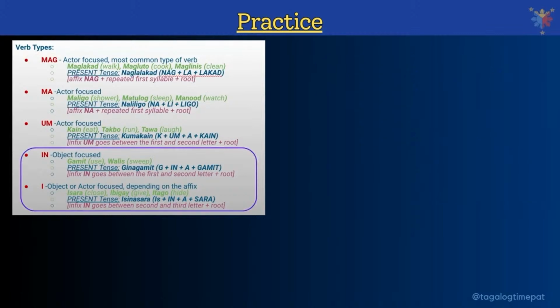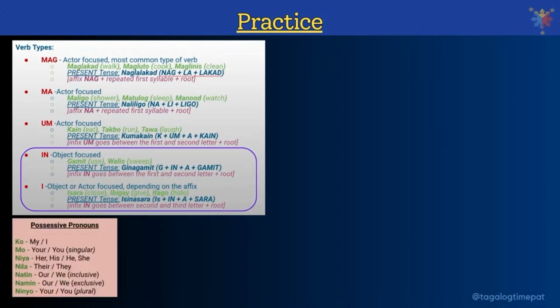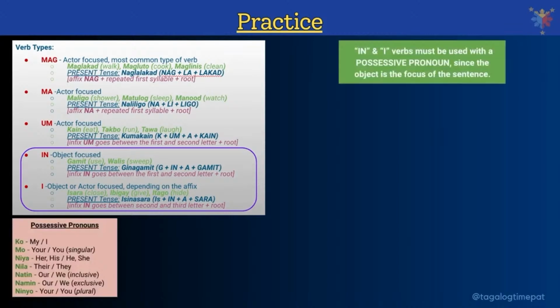However, if you want to use an in or verb, now you have to actually use a possessive pronoun. And the idea here is that for in or verbs, since the object is the focus of the sentence, it's almost like you are in possession of that object, so you have to use these possessive pronouns.